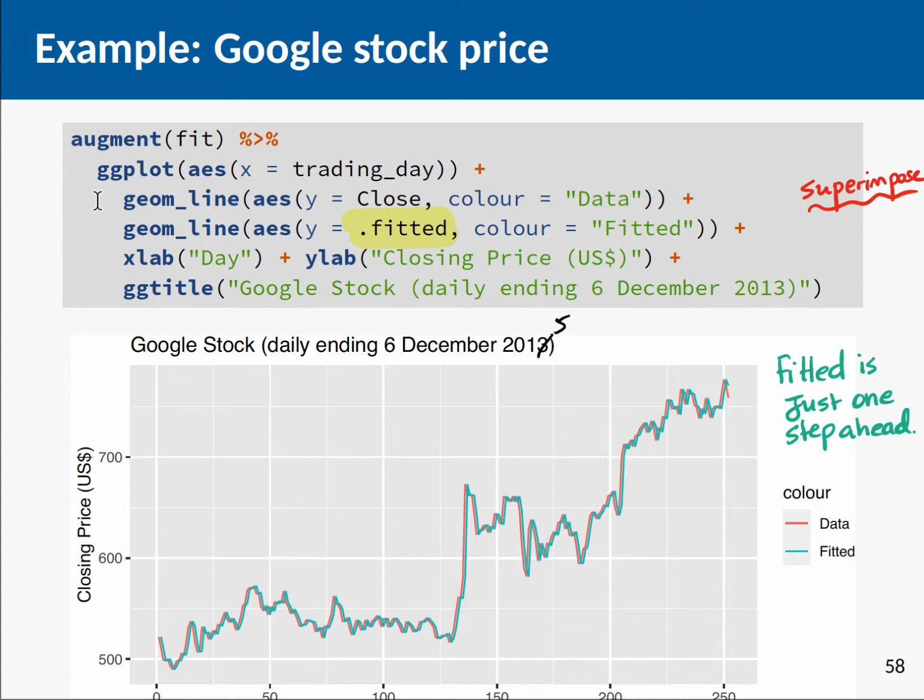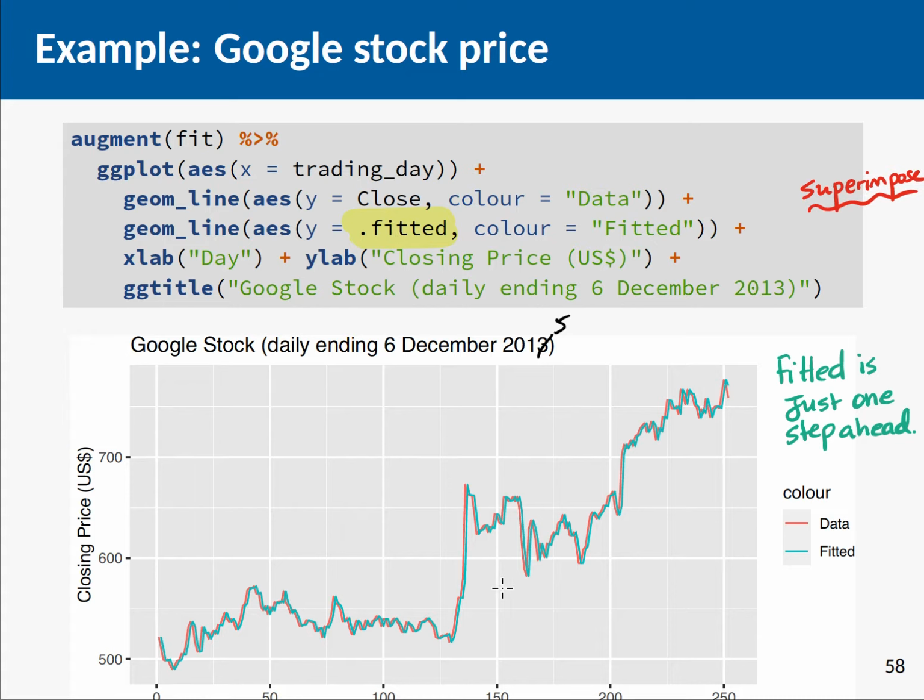One value would be the original price, which is y equals the closing prices, and the second line that we want to superimpose on this is the fitted value of the series.